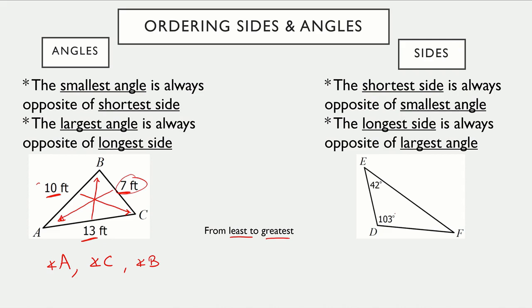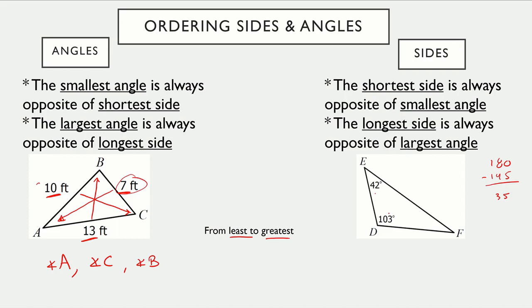Now, here we have two angles, but we're missing the third. But remember, when we add up all the angles inside a triangle, they should always add up to 180 degrees. So if we do 180 minus 145, and the 145 came from adding these two angles together, then we get 35.